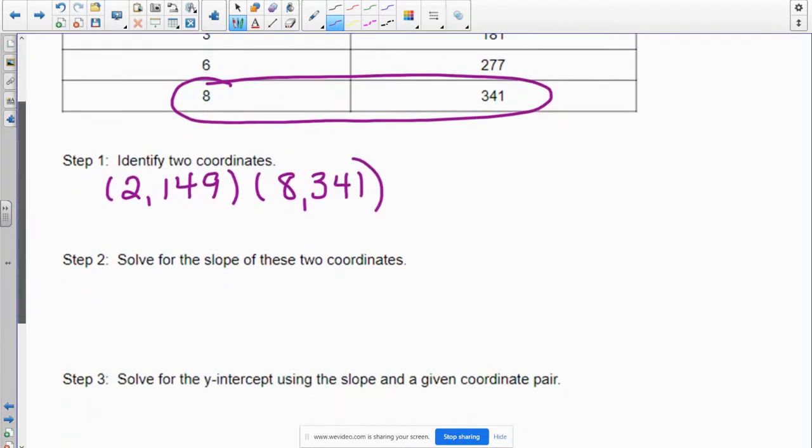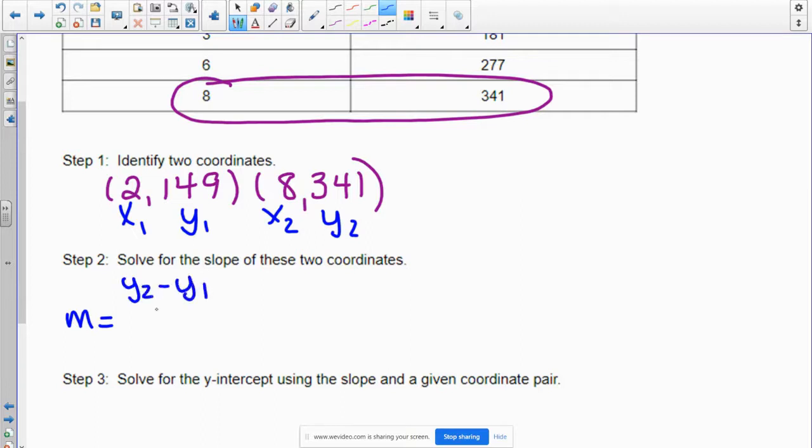Step 2, solve the slope. So by now you're probably experts, or you probably could make this video on how to solve slopes by now. But remember, slope is y2 minus y1 over x2 minus x1. So y2 here, in this case, is 341. We're going to subtract y1, which is 149.